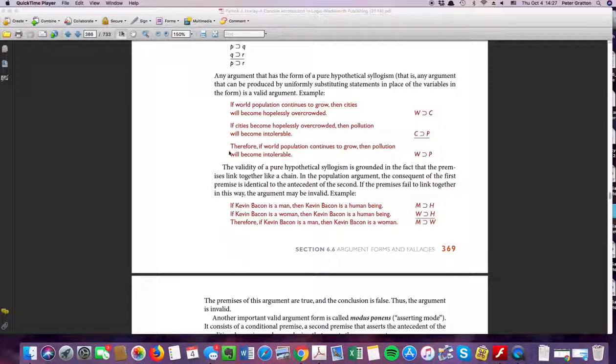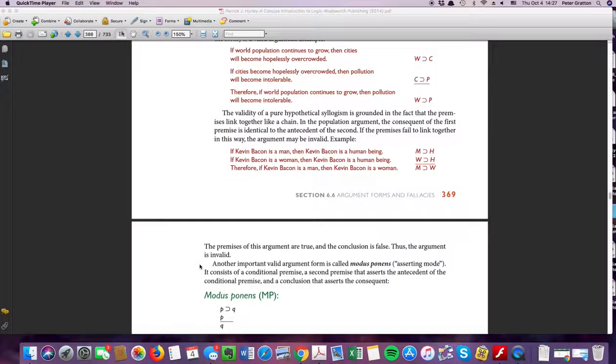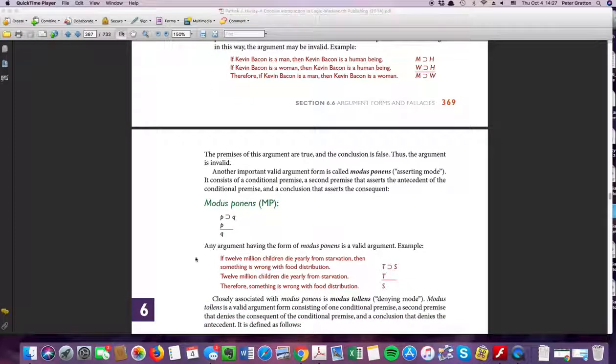Okay? Now again, we're saying if it's the case, right? Modus ponens is another argument form, and any argument form having that is a valid argument.